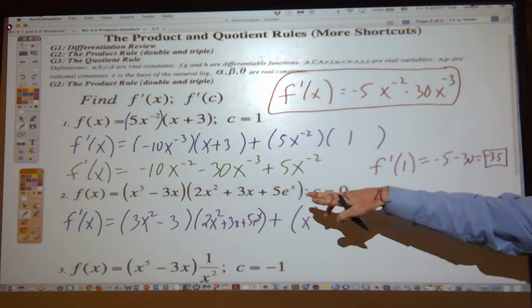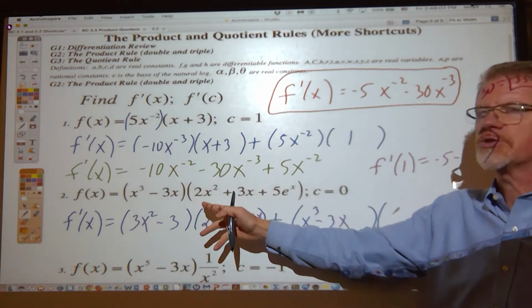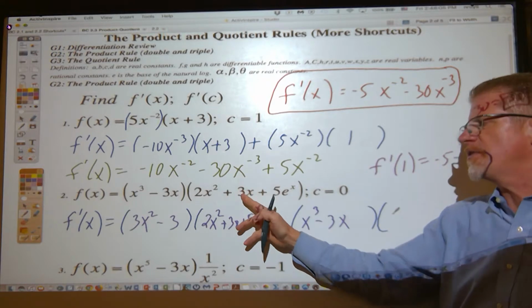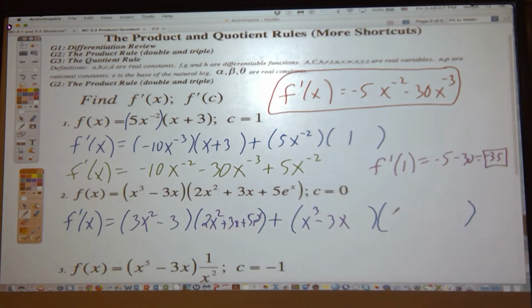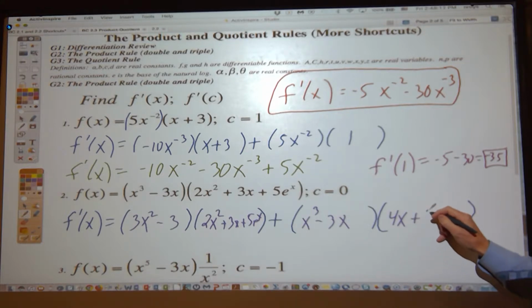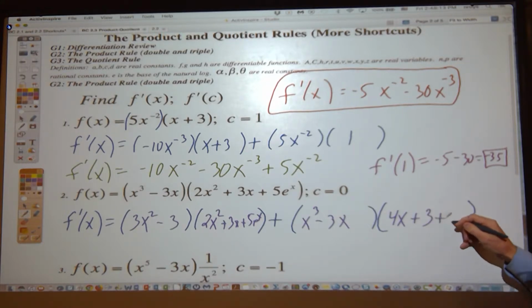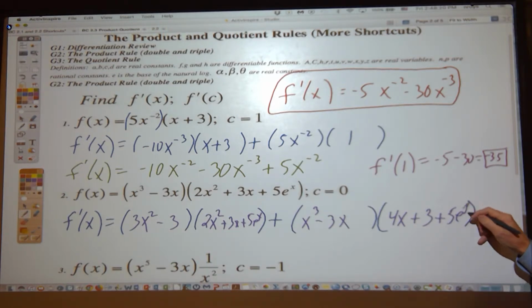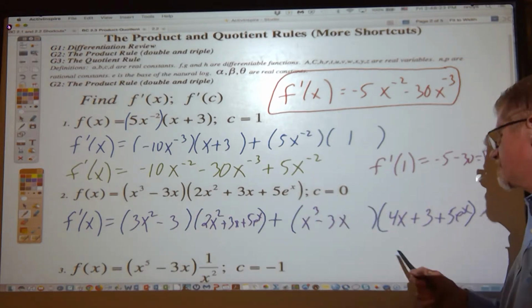That's right, just try it on the fly. I mean, it's the derivative, just take the derivative of each term individually. 4x plus 3, plus, isn't it just 5? It's 5 e to the x. That's right, because the derivative of e to the x is e to the x, just multiplied by 5, there it is.